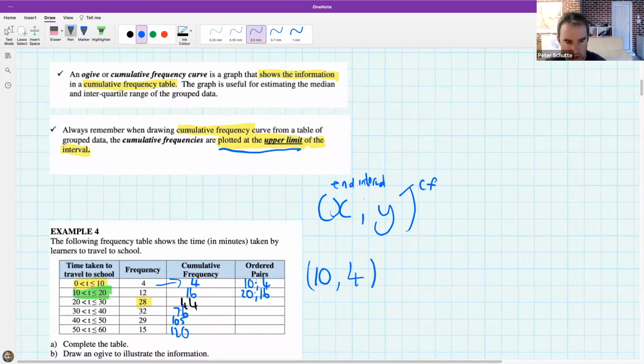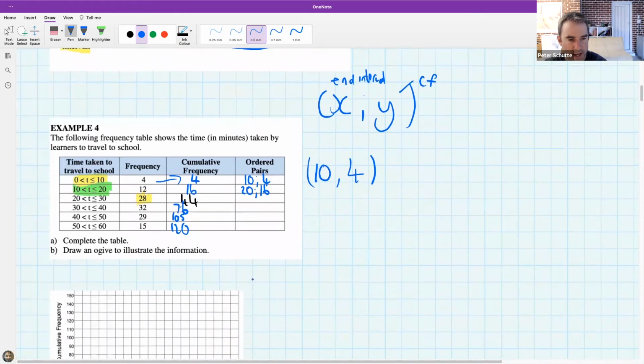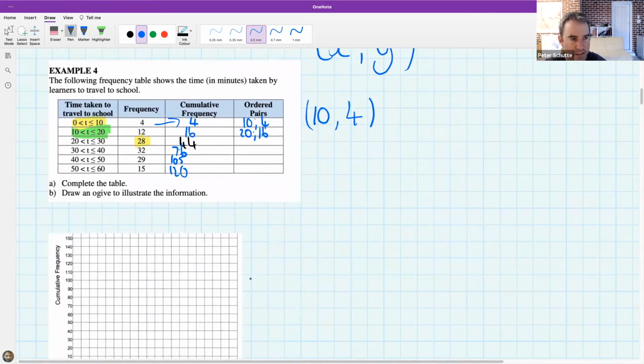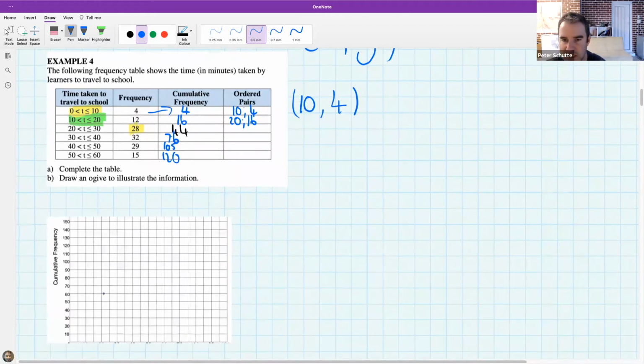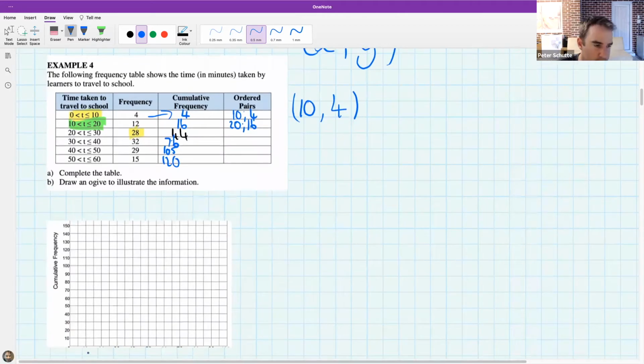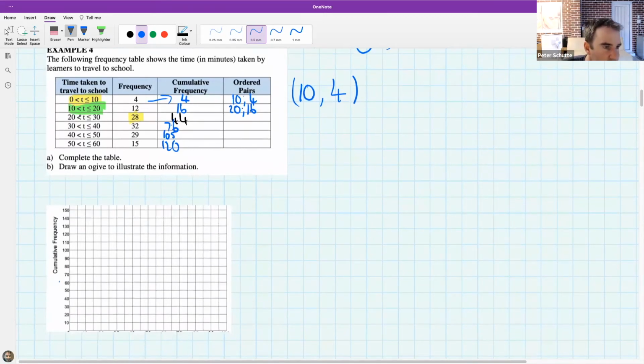And so I want you to try and generate the rest of the points, and then try and plot these points on a Cartesian plane. So for an ogive, the vertical column is the cumulative frequency. The horizontal will just be the intervals of data. And so it goes up to 60.